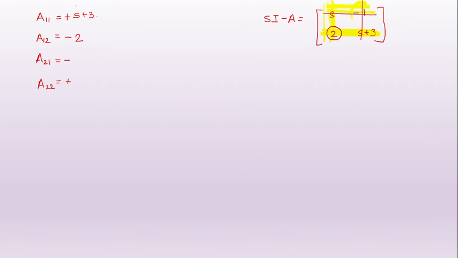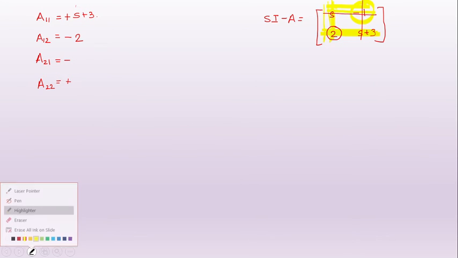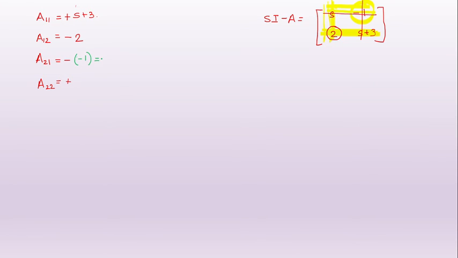We are only getting this minus 1. So it will be minus of minus 1, that means plus 1. And last is second row and second column. The remaining element is S, so it will be plus S.